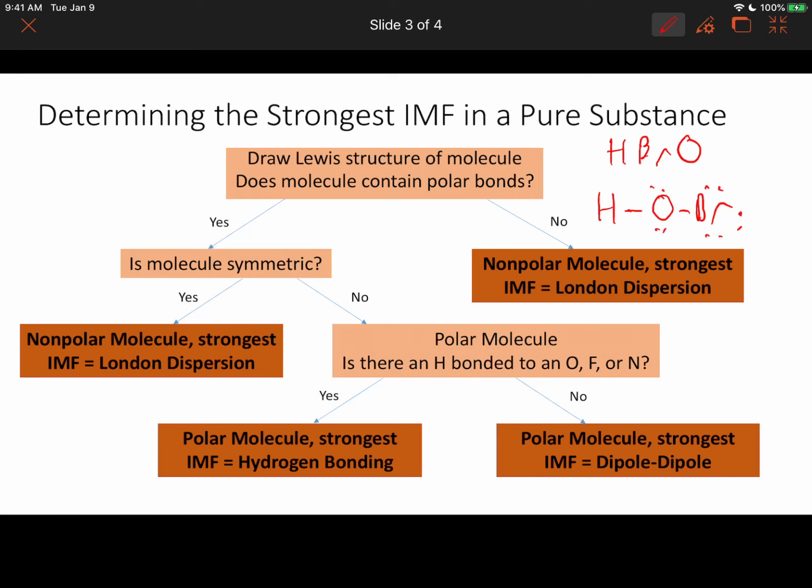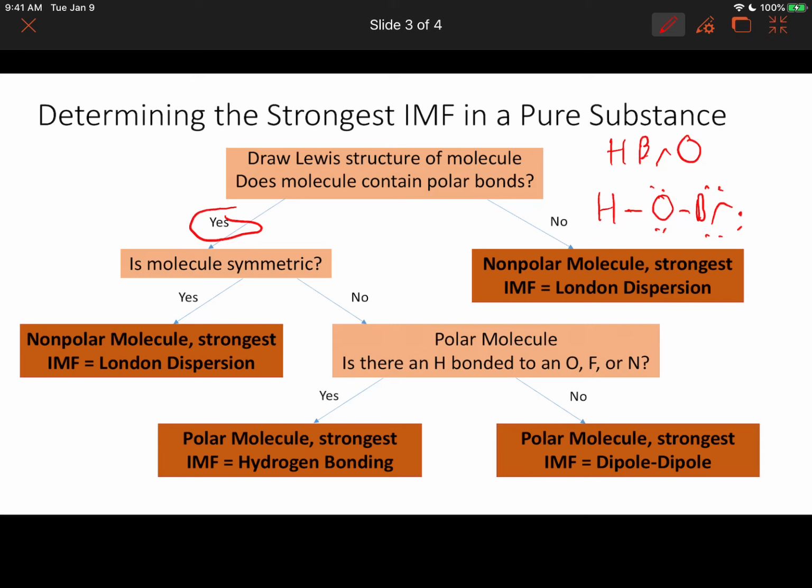The first question in our flowchart about this molecule would be, does the molecule contain polar bonds? Well, the hydrogen-oxygen bond is very definitely polar, as is the oxygen-bromine bond, so the answer here is most certainly yes. So it does contain polar bonds. The next question is, is the molecule symmetric?